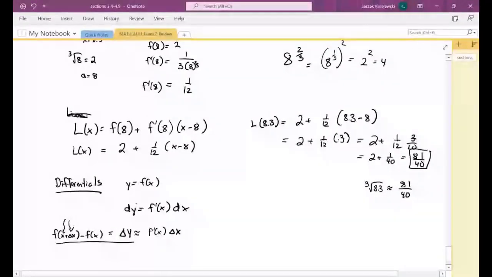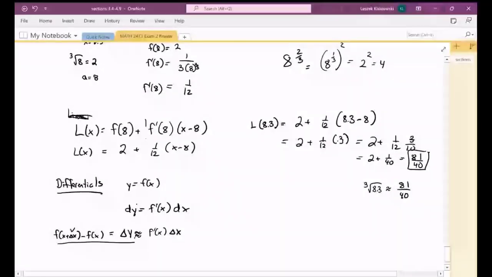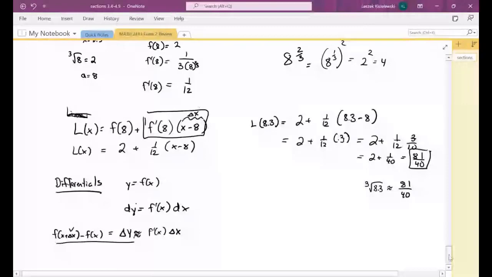And that's the actual change in the value of the function, so delta y, but that's approximated by the differential. It's exactly this business, by the way. This is essentially it. This is like delta x, right, or dx.